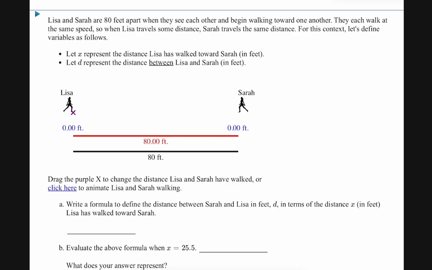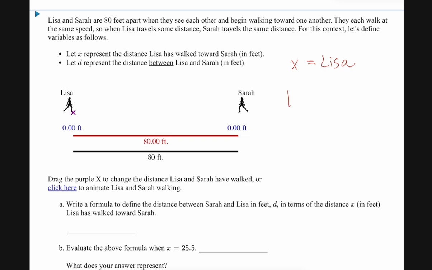So it says that you can drag the things, okay? And you can even click to animate. Of course, I can't do that. Mine's just a PDF version of what you're doing, okay? So I'm going to make myself a little note over here that X is the amount that Lisa walked. And Lisa is walking toward Sarah.